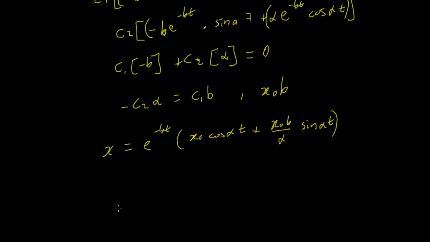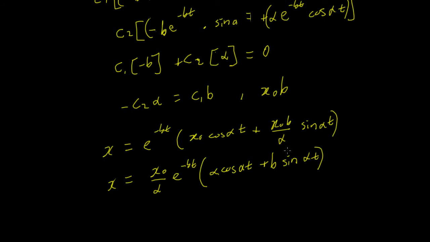Now we can move the values out, so we can take our x0 out, and we can take the alpha out, and we're going to have e to the minus beta t, and inside the bracket we'll have alpha cos alpha t plus b times sine alpha t. We had to multiply by alpha because we've taken a division by alpha out.